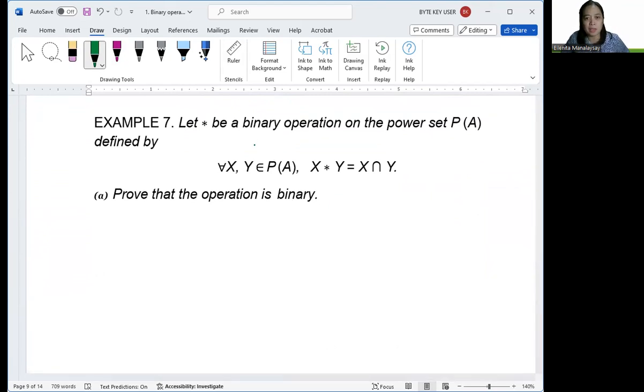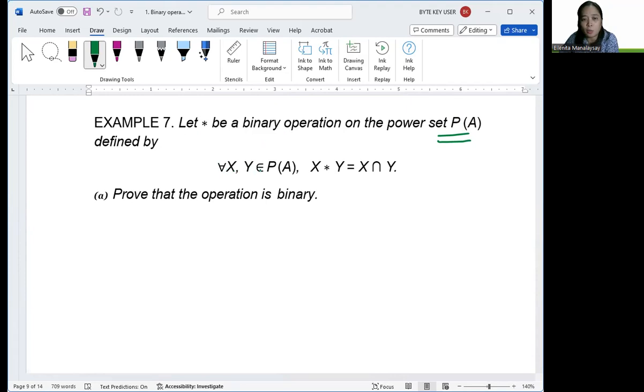Let star be a binary operation on the power set of A. Okay, we know that the power set of A contains every subset of A. Okay, defined by, for all X and Y, these are sets, no?